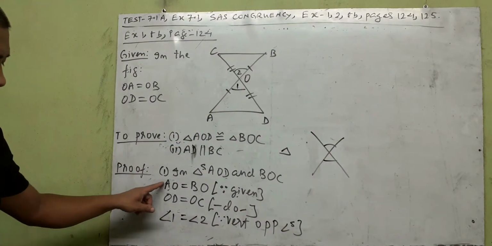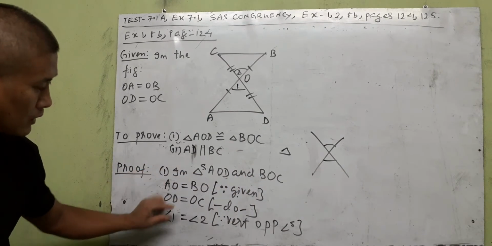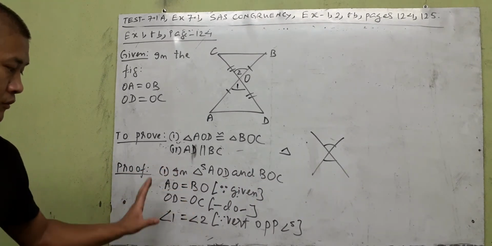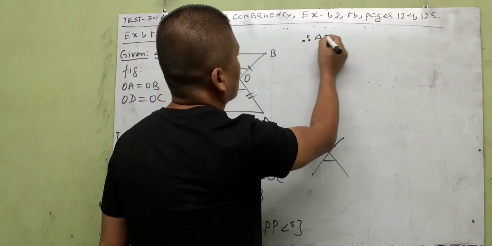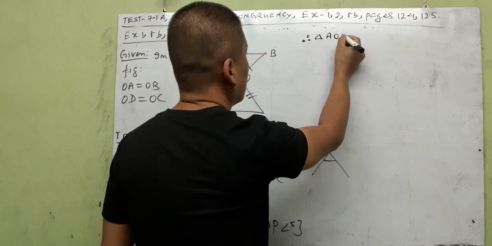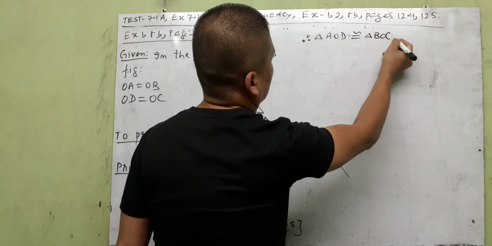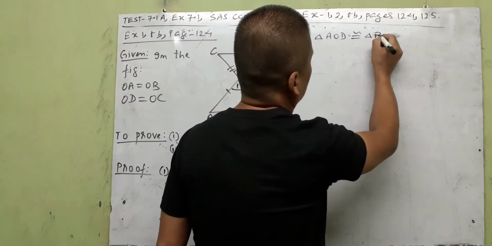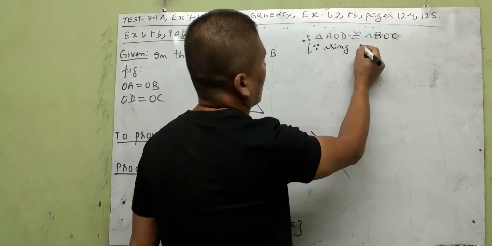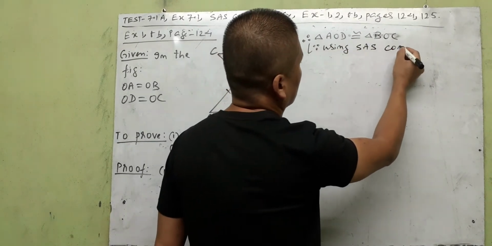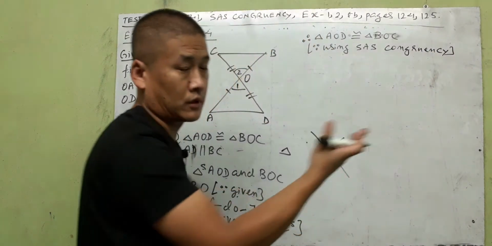So we see here that the two sides of this triangle are equal to two sides of this triangle, and the angle between these two sides, angle 1, between these two sides, angle 2 are so equal, so the triangle will be congruent, right? So we write here therefore triangle AOD congruent to triangle BOC, using SAS congruency condition, the one we discussed just a moment before this question.